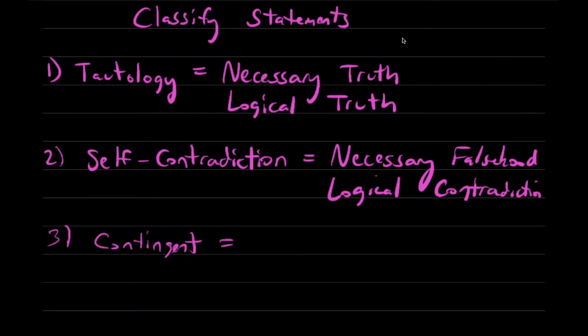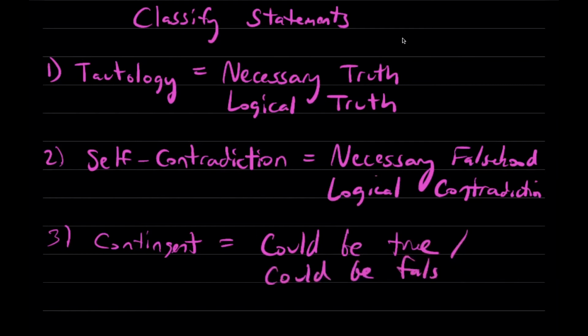And a contingent statement could be true, and it could be false. So let's look at how to use a truth table to decide what kind of statement you're looking at.